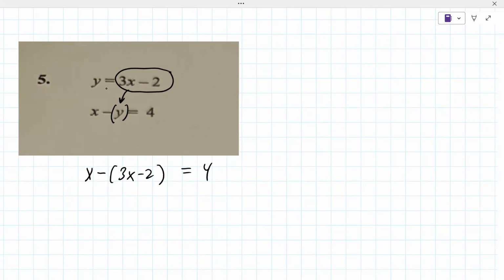And you have to apply that negative to both terms. Yeah, that makes sense. All right.